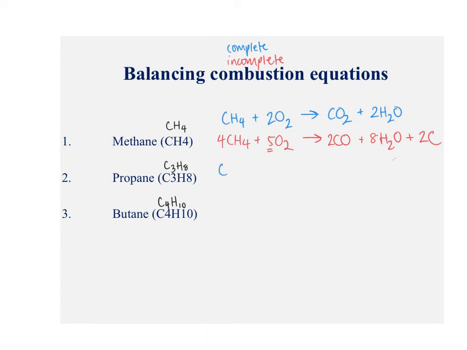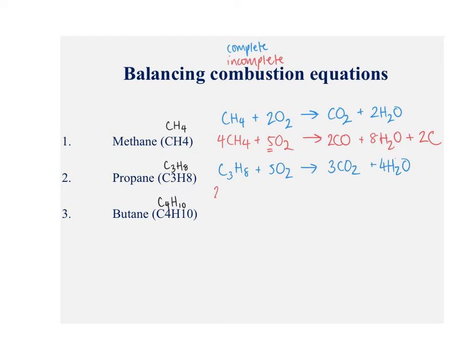So complete combustion, where we've got enough oxygen, maybe we've got an open fire for example: C3H8 plus 5O2 gives us 3 CO2 plus 4 H2O. And then incomplete combustion, maybe we've not got enough oxygen for whatever reason, perhaps where the burning is happening is in an enclosed space.